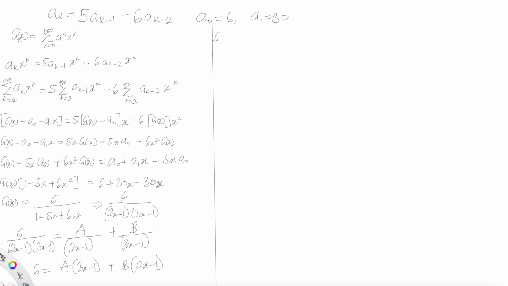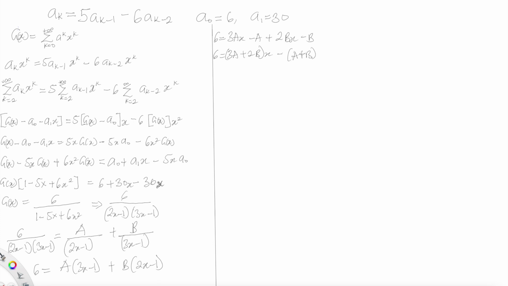So 6 equals 3ax minus a plus 2bx minus b. Then we could group the like terms. So 6 equals, factorizing, 3a plus 2b, all multiplying x, then minus a plus b.